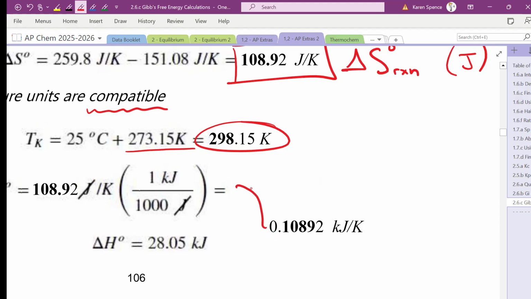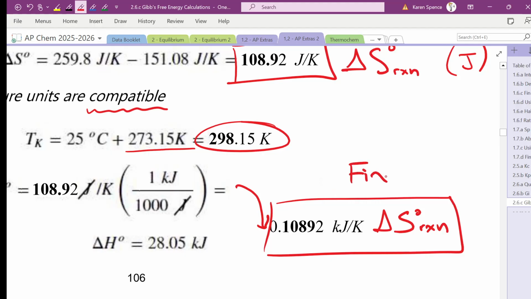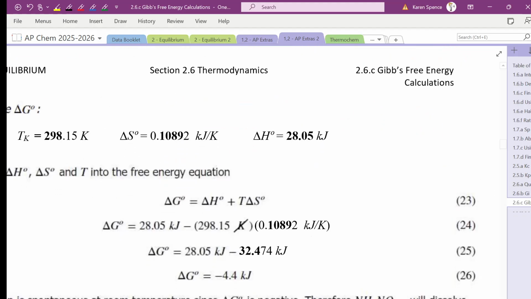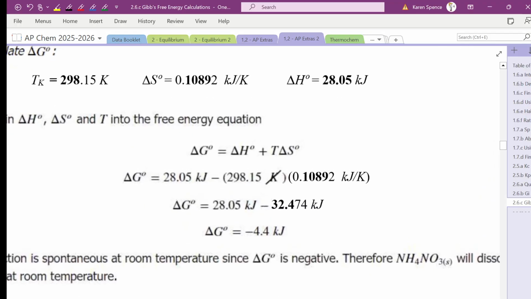This should really be up here. Okay, that's delta S, not of the reaction. I need to fix this, also fix. Yep. And there's our delta H. And then we toss them all into our delta G on our next page. Whew. Okay, so we got our correct temperature, correct, everything's correct.